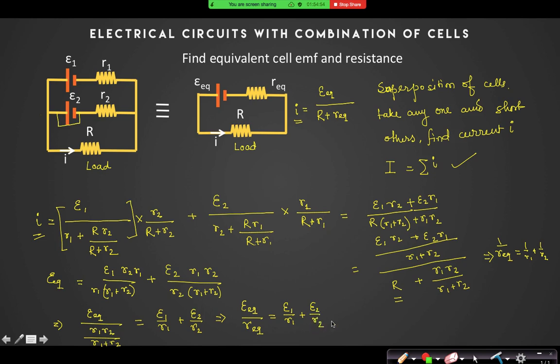Yes, sir. And you can actually extend this combination if there are more than two cells. You can try to prove that at home. But in a similar way, I can say 1 by R equivalent is equal to 1 by R1 plus 1 by R2 plus dot dot.